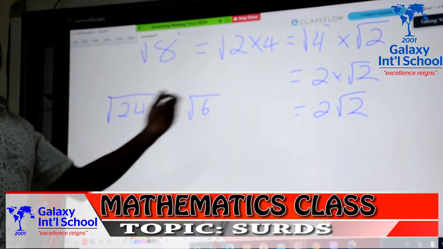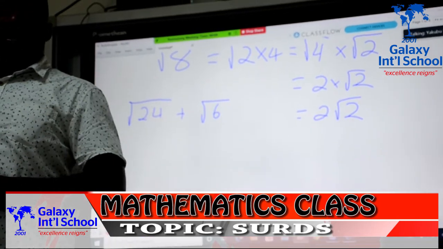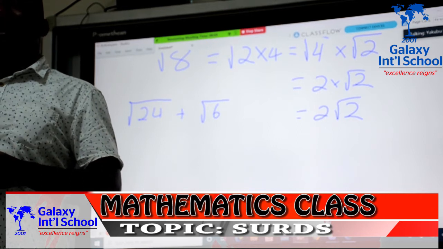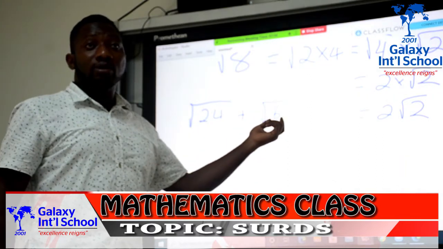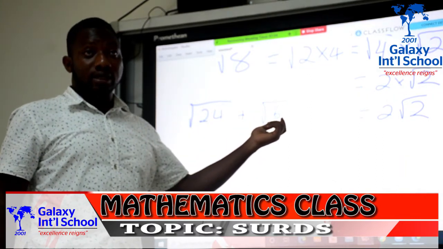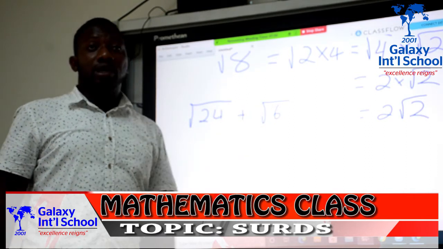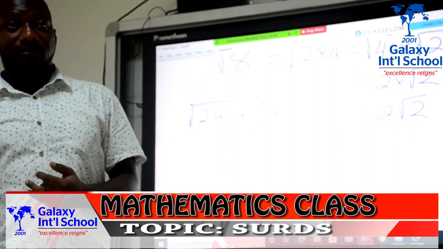Now, if you look at the square root of 6 here, we know that 6 is an even number, but it doesn't have any factor that is a perfect square. So 6 can be broken down into its factors: 1, 2, 3, and 6 itself.